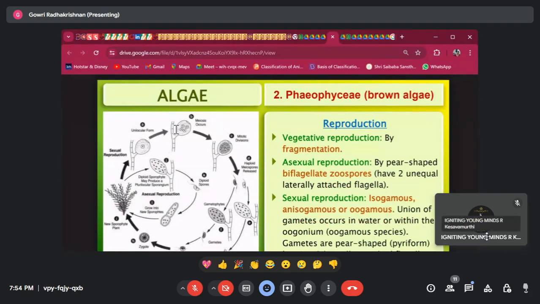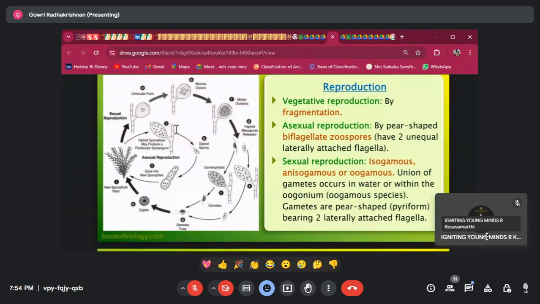Now, reproduction. Vegetative reproduction is by fragmentation. By now, we know that. Asexual reproduction is by pear-shaped biflagellate zoospores that have two unequal laterally attached flagella. Sexual reproduction is isogamous, anisogamous, or oogamous.